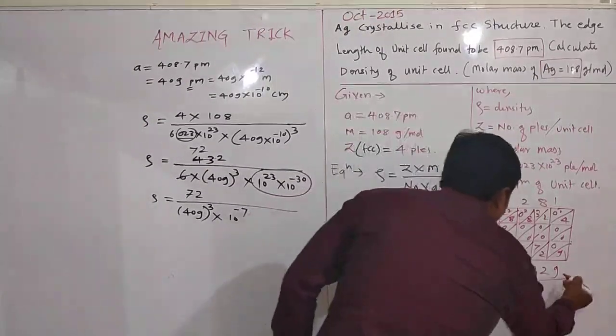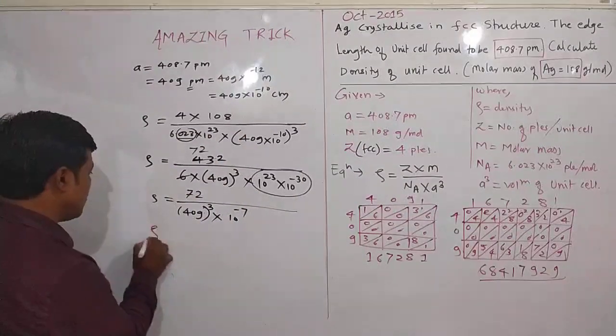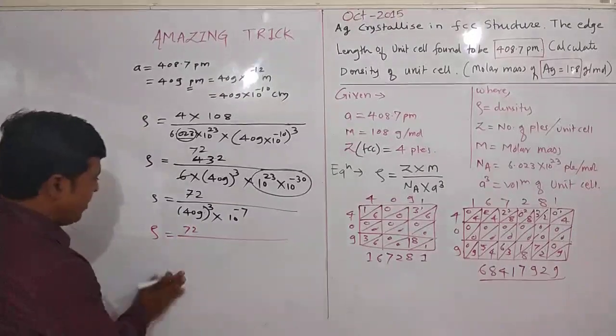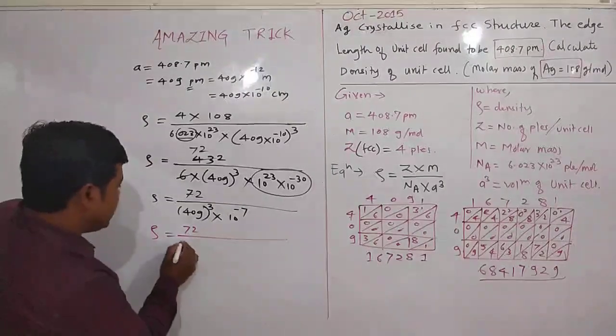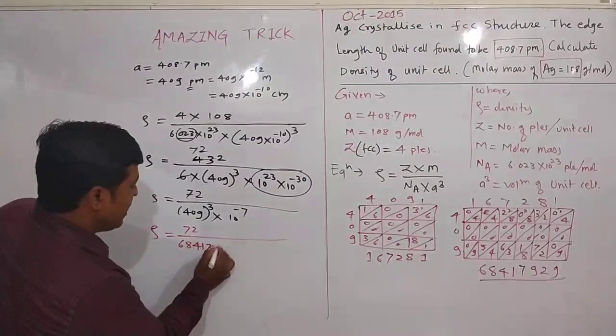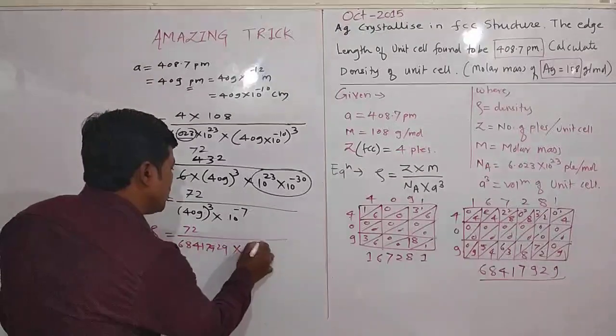So what is 409 cube? 409 cube comes to be 72 divided by 68.417929, into 10 raised to minus 7.